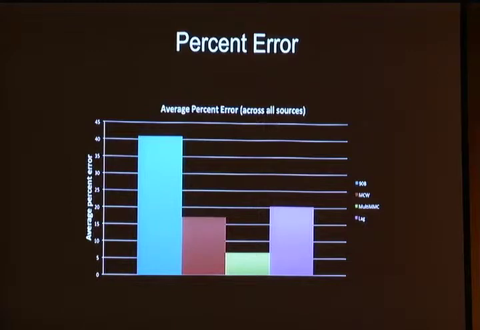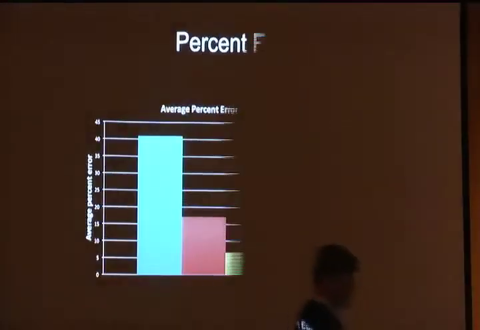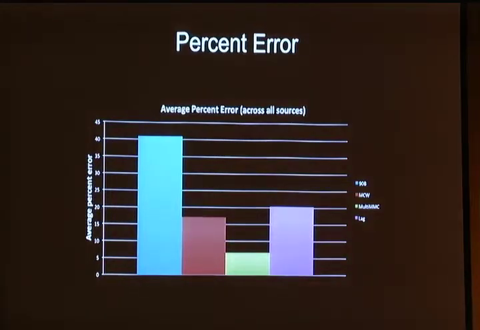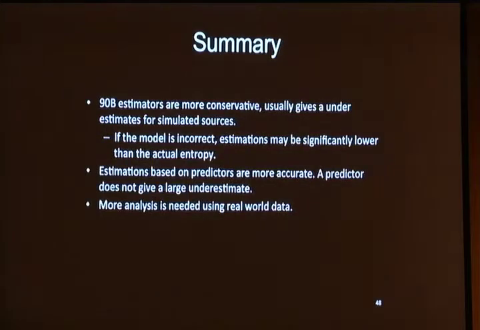For the most common value predictor, the deviation is around 20%, and it is lowest for the multi-MMC models. So this shows a significant improvement compared to our current 90B estimates.